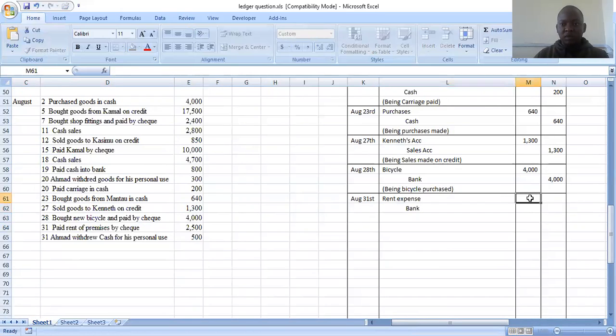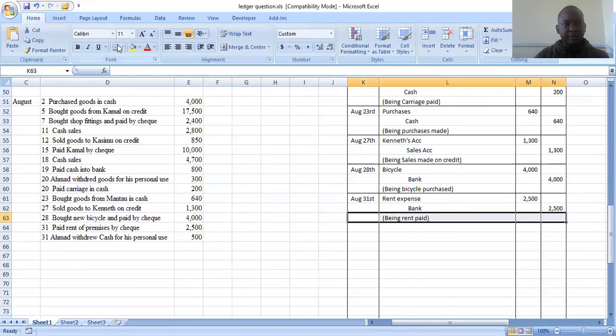The amount is 2,500. We have the narration being rent paid. Then we close that by underlining. Then we move on to the last transaction.